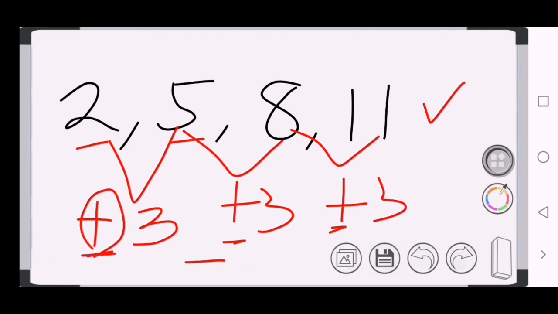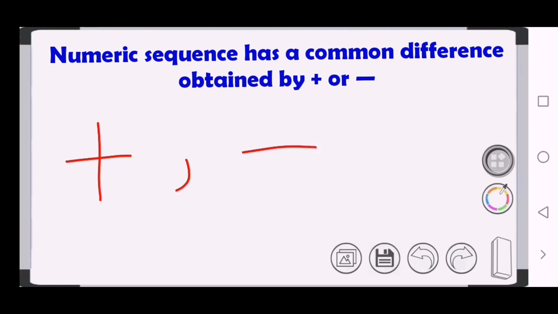So the two ways are how we can identify that a sequence given to us is numeric or geometric. In numeric, as I have already said, we have a common difference denoted by addition and subtraction. We add up or subtract to get the next term.